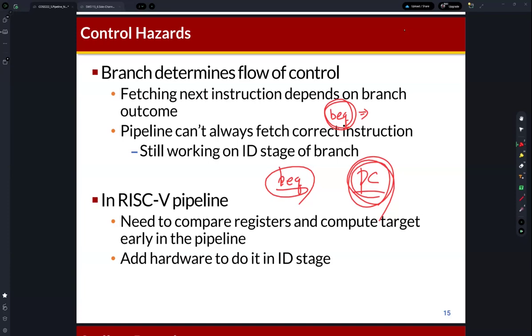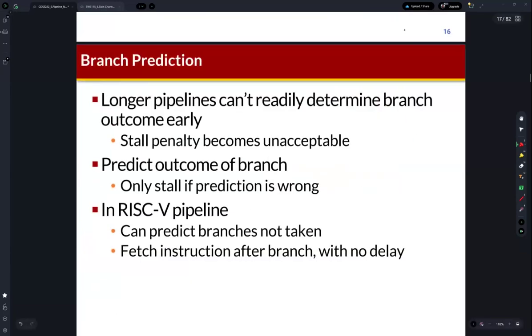What's the problem? The following instruction needs to wait until the result of the branch instruction is resolved, but it will be resolved late. So that's the problem. I mentioned the next instructions need to wait, which means clock cycles are wasted. So this is the control hazard.